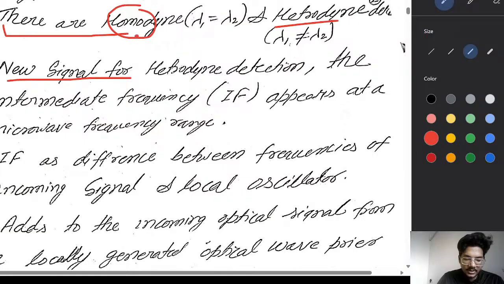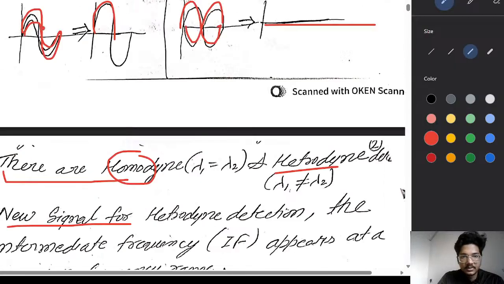In homodyne, the local oscillator and the signal are at the same frequency, producing a baseband output with the highest sensitivity, but it is difficult to implement. In heterodyne, the frequency is different from the received signal, producing an intermediate RF frequency.